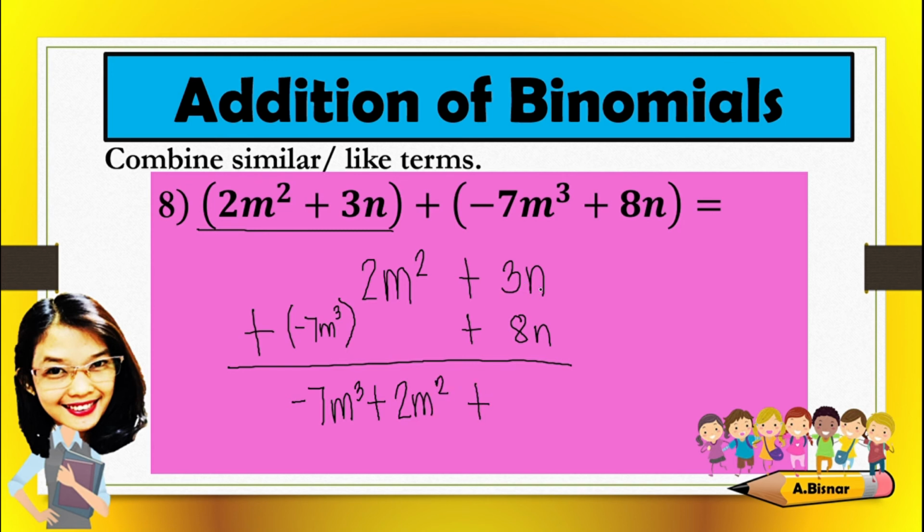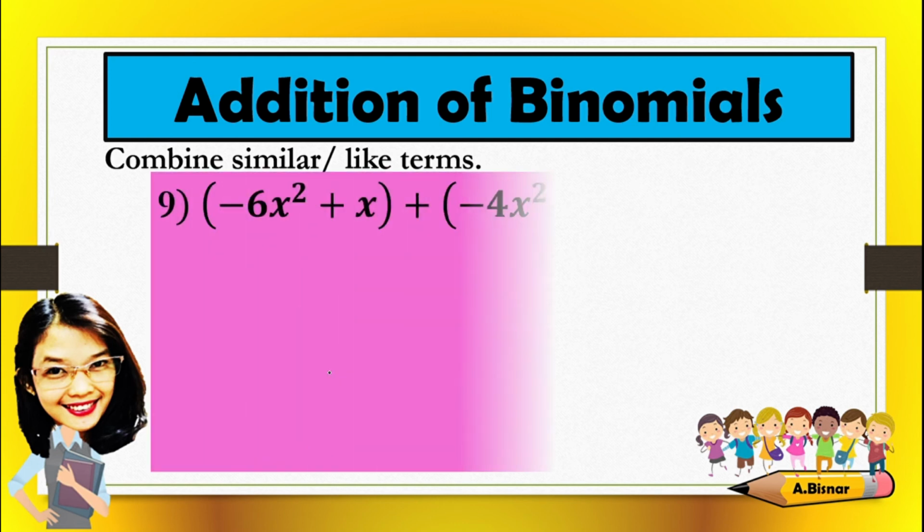Plus 3n plus 8n, we will have 11n. So the answer will be negative 7m cubed plus 2m squared plus 11n.